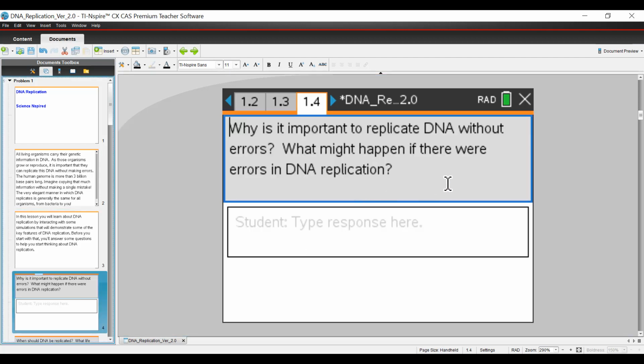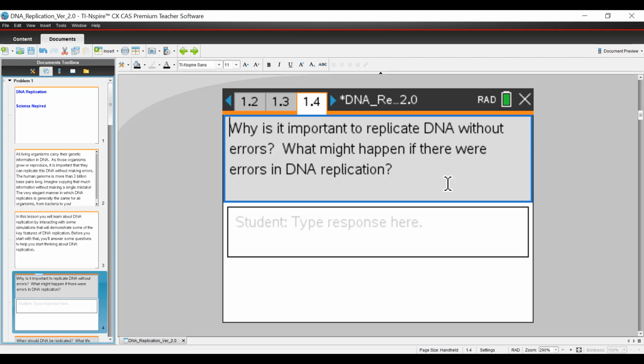Page 1.4. So why is it important to replicate DNA without errors? What might happen if there were errors in DNA replication? Well, DNA is the blueprint of life, of your life specifically, of every organism's life. So the bacteria, trees, fish, whatever it is, all of it contains those same 4 nucleotides in their DNA strands.